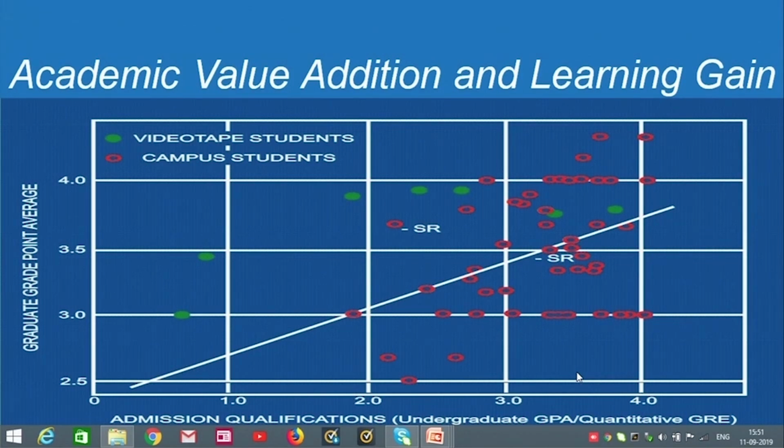But the ones who were strong, like this one, they also have performed well. They also have performed above their expected level. This one has performed above his expected level.